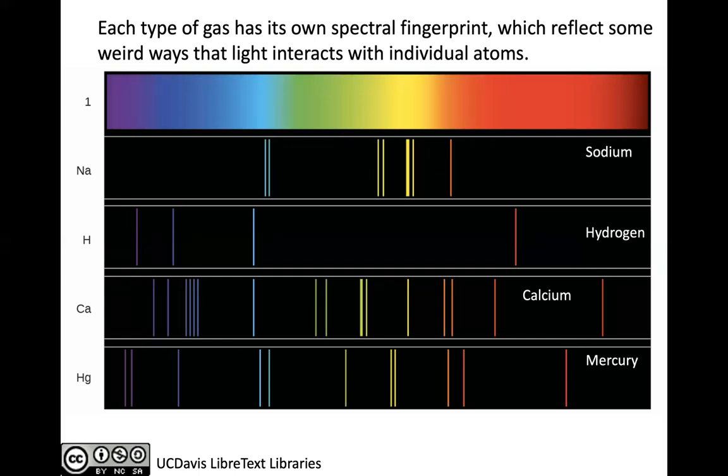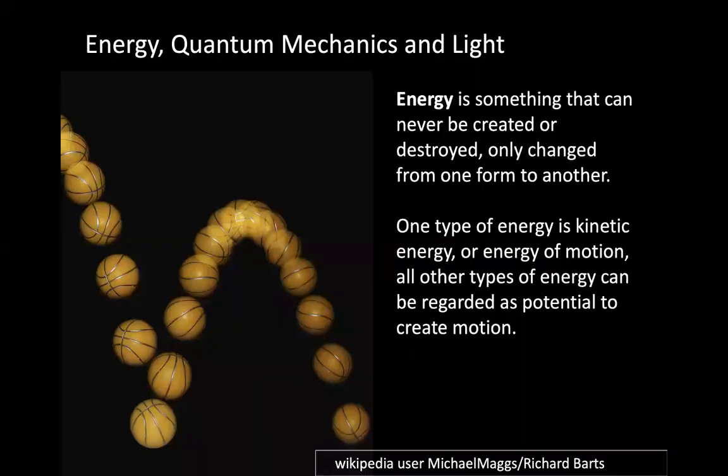This means it's due to quantum mechanics. So we're going to have to talk a bit about quantum mechanics now. And we can't obviously get into the full depth, but I want to talk to you a bit about how quantum mechanics gets involved via a very fundamental process in physics, which is energy conservation.